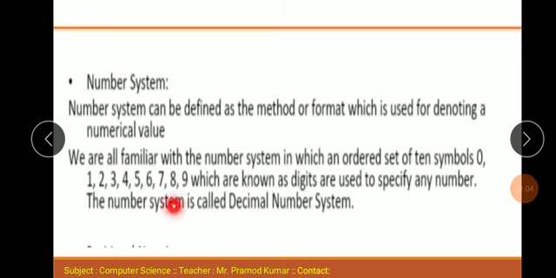This number system is called the decimal number system. Mostly people use 0 to 9 to represent any specific number, so this is called the decimal number system.